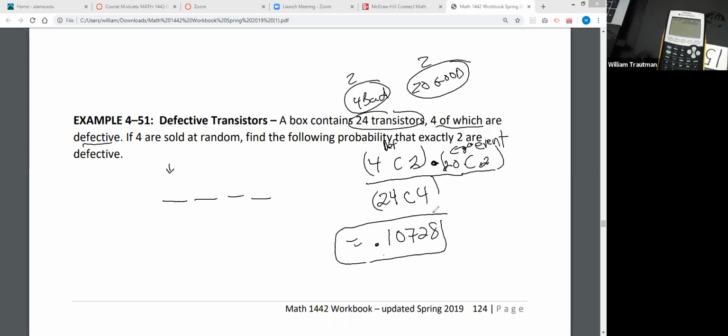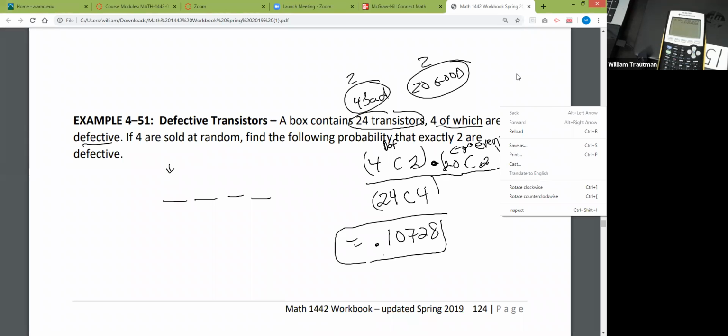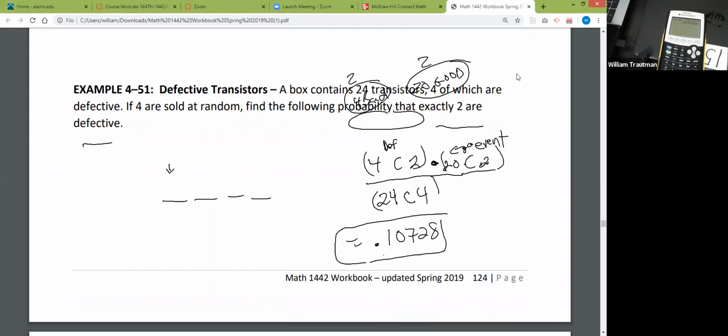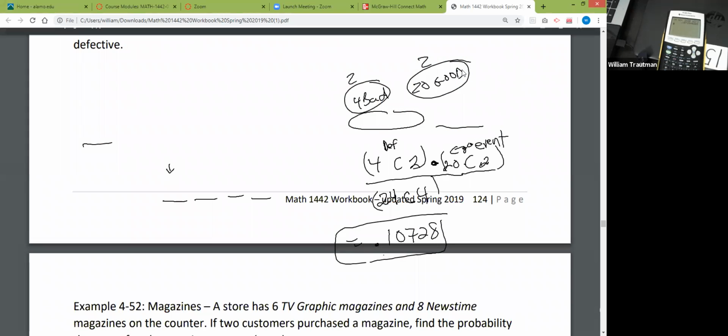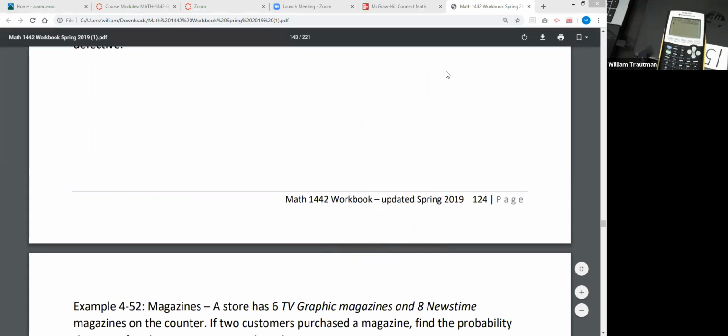Anybody get that, if you're doing it? All right. Anybody have any comments on it? I'm going to just use that and then move on. If not, I think I might be done. Let's see what else we can do here.